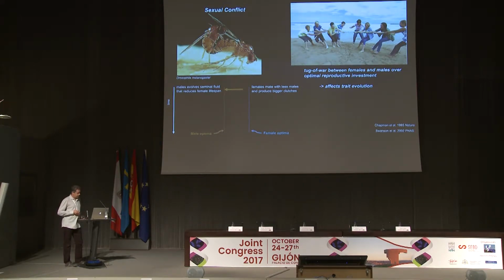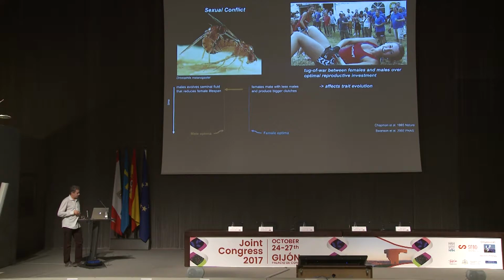If we talk about the tug of war, then the tug of war is won by males. But this is of course only temporary, because selection will favor females that evolve resistance against these toxic seminal fluids, and that's exactly what these authors observed. And that means that the investment moves towards the female's optimum.